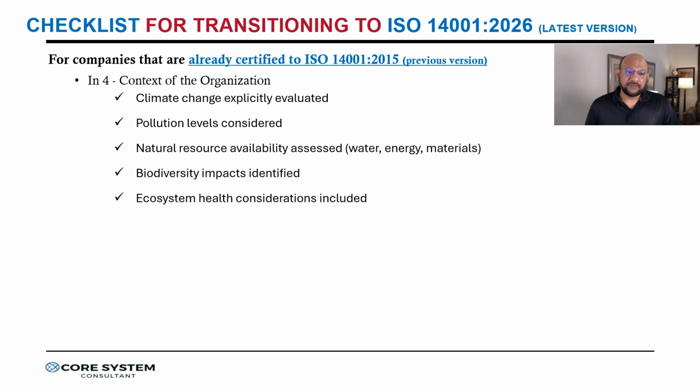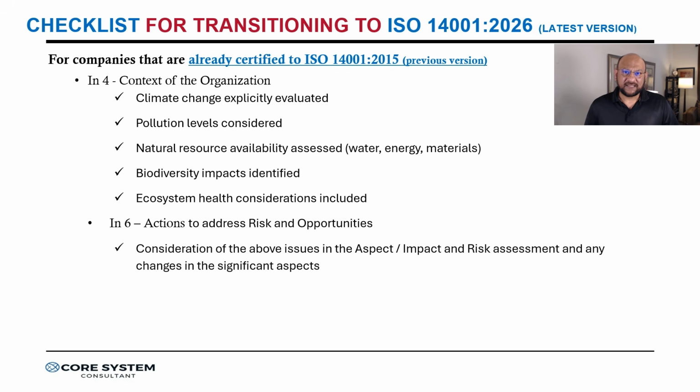That leads you to consider the aspect impact analysis. Whatever the changes or the new requirements or the new considerations that you may have with respect to that study of the context of the organization, that will directly impact your aspect impact analysis. That can impact your determination of the significant aspects or whatever changes may be impacted in the aspect impact analysis.